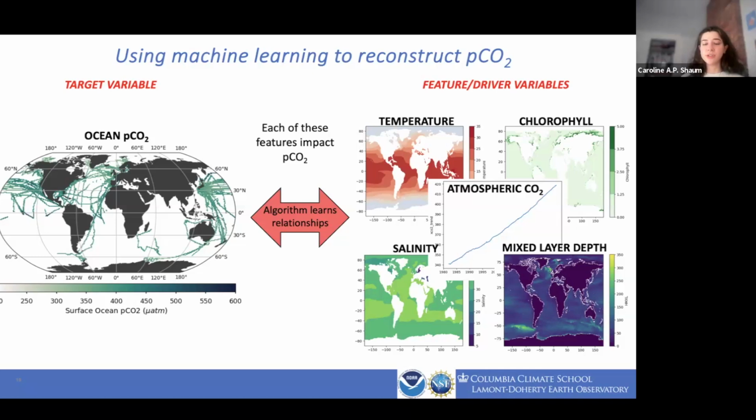We can either get this output from a model, or a lot of this data can be gathered via satellite as opposed to by ships. Each of these features will impact pCO2, and our machine learning algorithm will learn the relationships between these variables and ocean pCO2, our target.